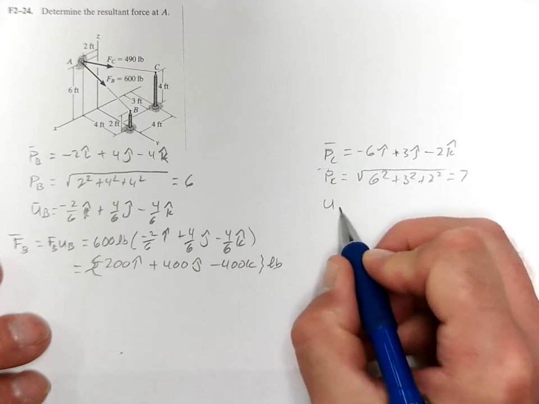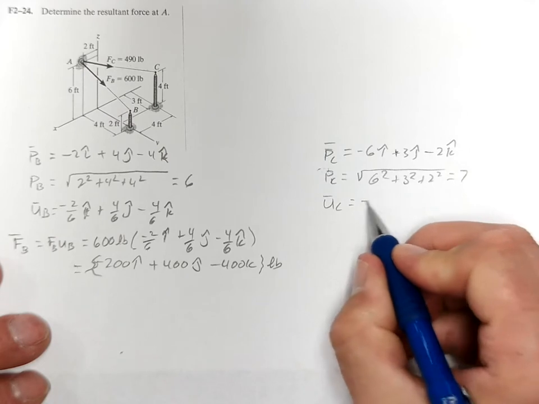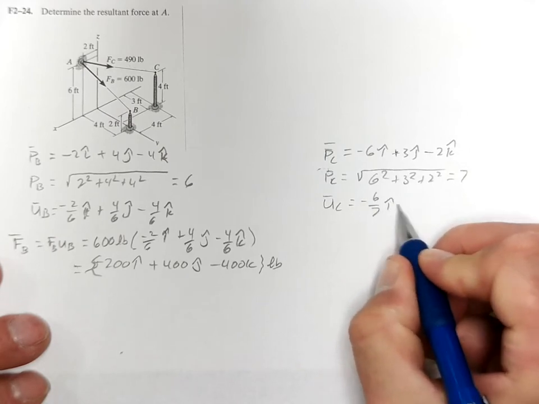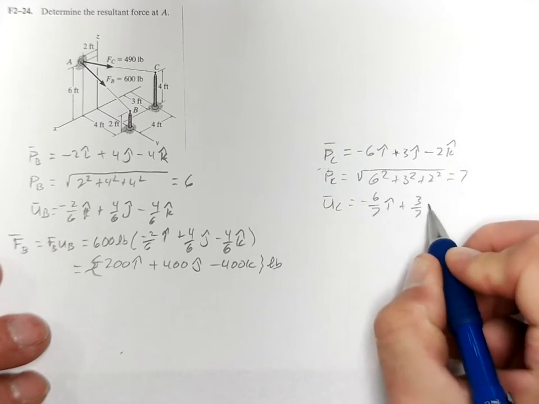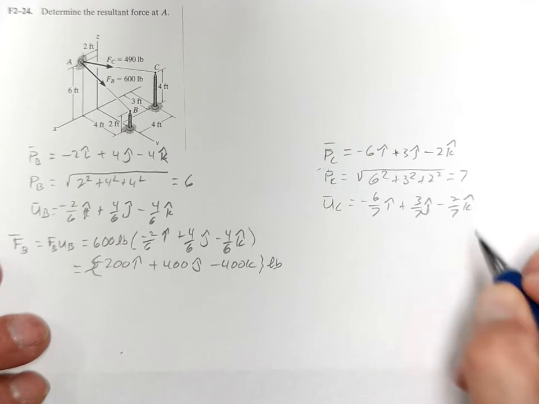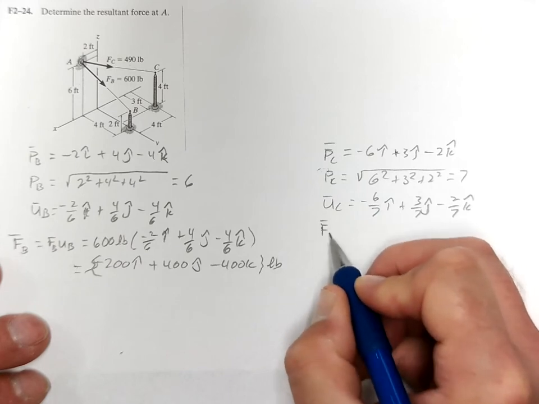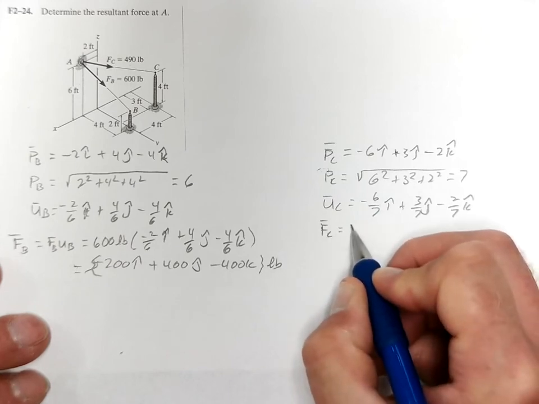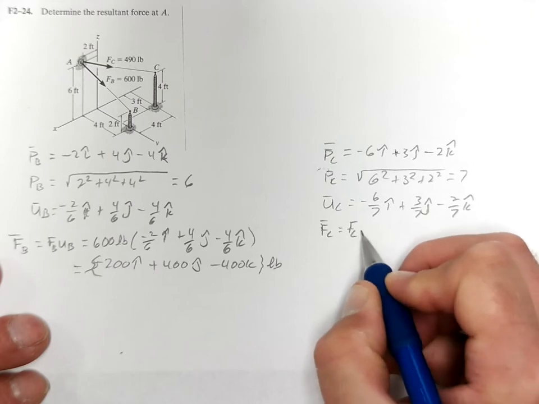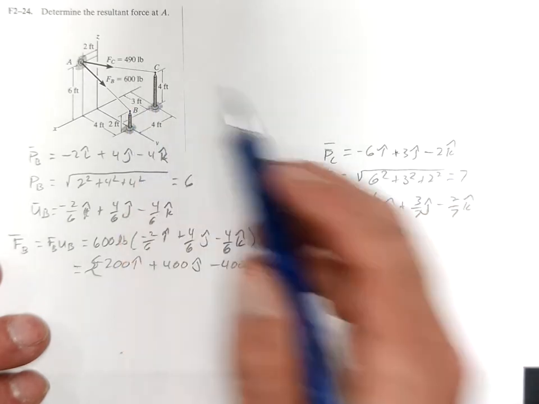The unit vector, this divided by 7, okay, and the force vector, the magnitude times the unit vector, and the magnitude is 490.